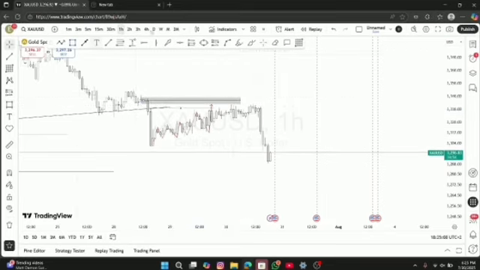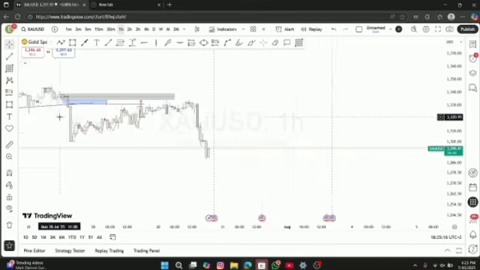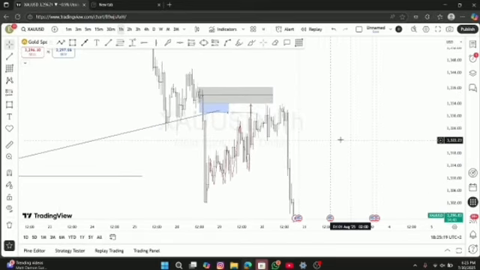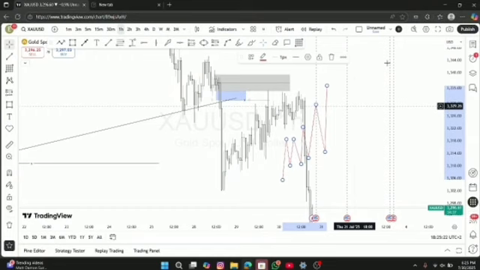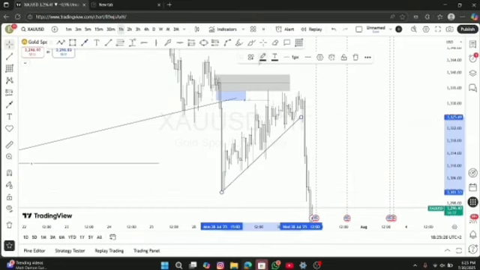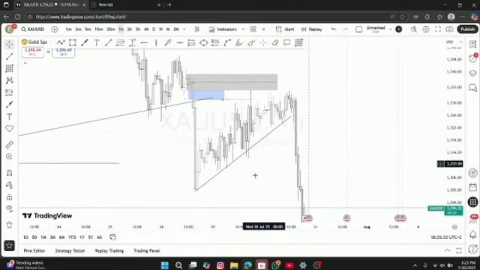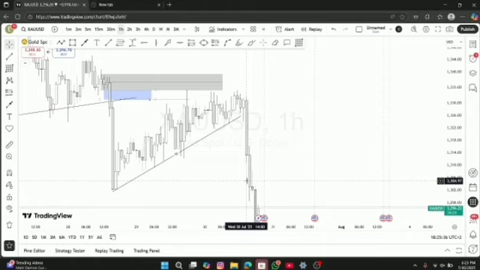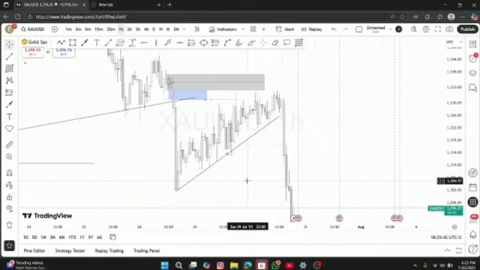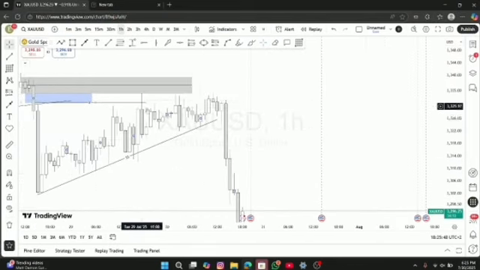So we had that POI, our order block over there, and we also had a fair value gap which we touched in, and we got signs of reversal. And other than that, we also had trendline liquidity. So it's just a clean setup. It's an actual sell, a clean sell.